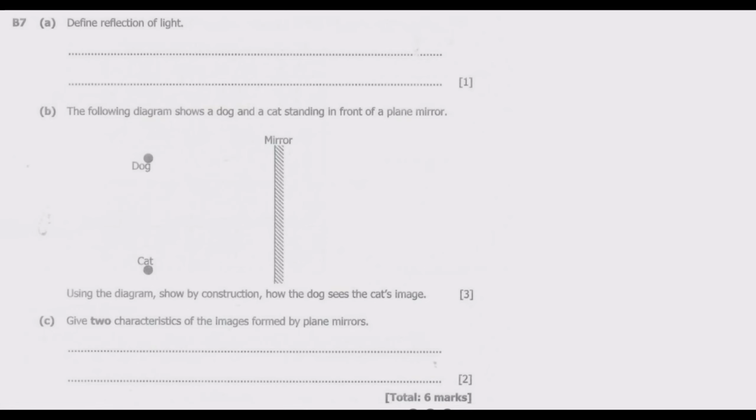Let us look at question B7. Question A, define diffraction of light. So this one is straightforward, just asking us to define what it is.